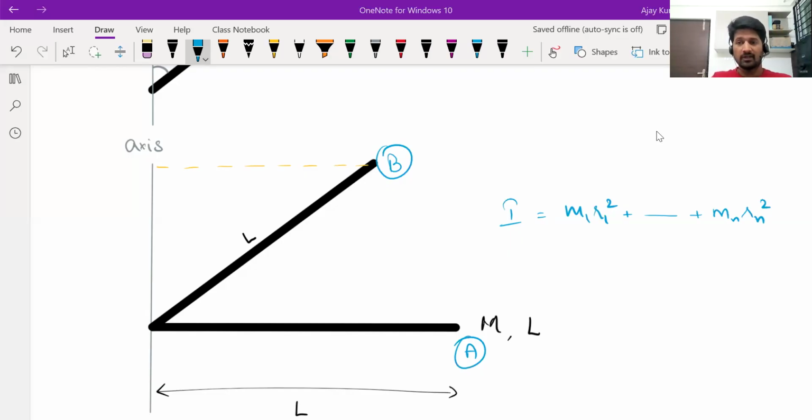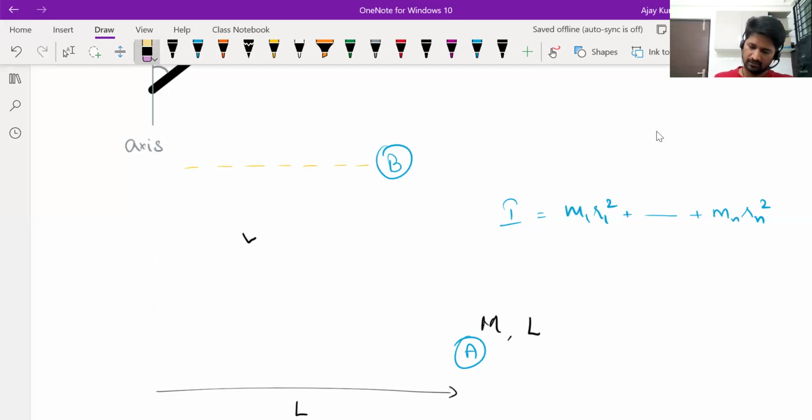As a result, what will happen to moment of inertia? It will also decrease. Did you get the answer to your question? Yes, sir. So when it is perpendicular, it is the maximum, right? Yes, because in that orientation, the particles are far from the axis. If it makes an angle alpha like this, the particles are closer to the axis. So you are decreasing the distance, then you will be decreasing the moment of inertia.